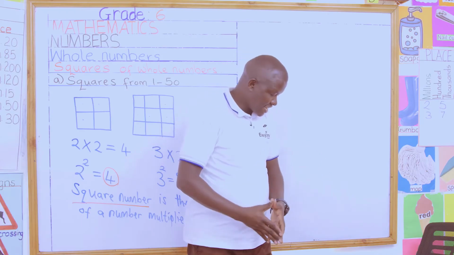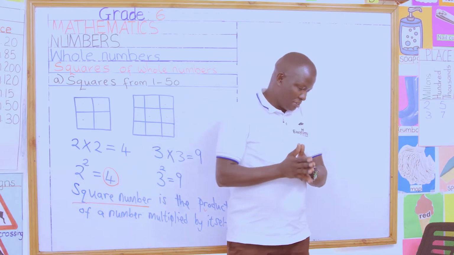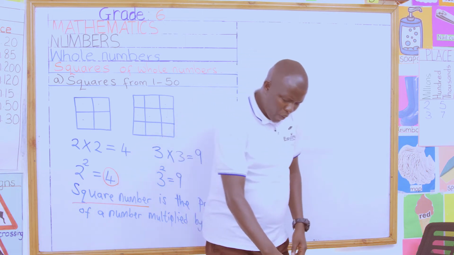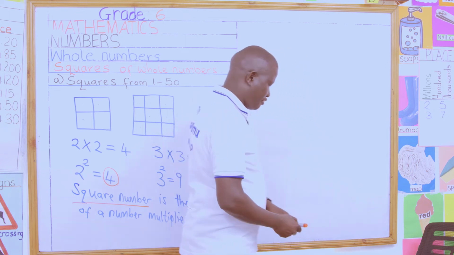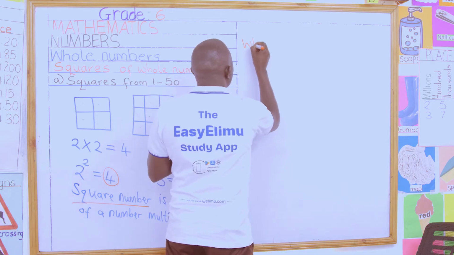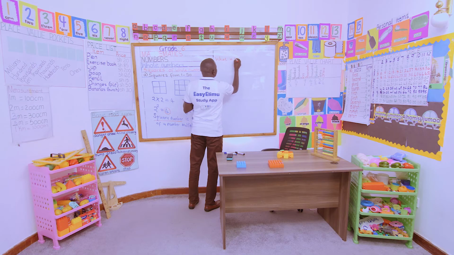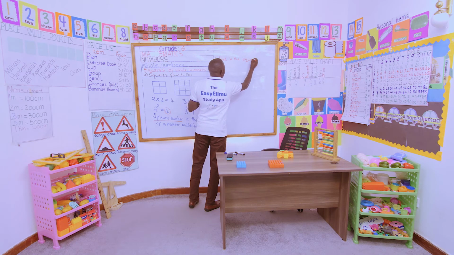So let me ask this question now. This is another example. What is the square of 4?